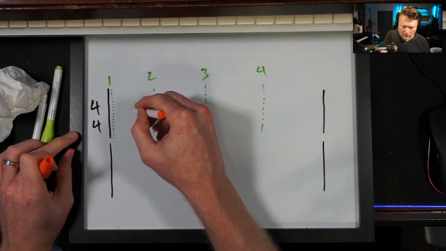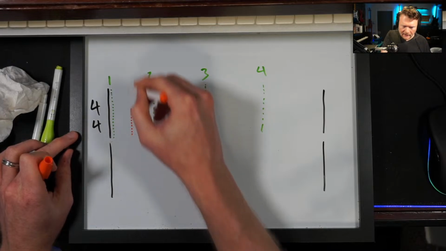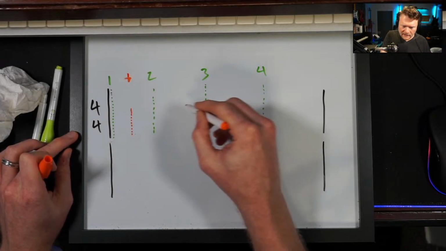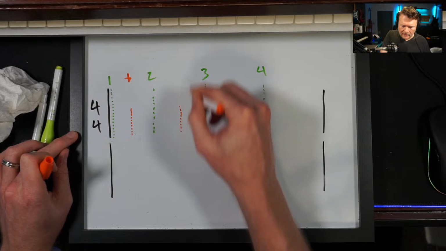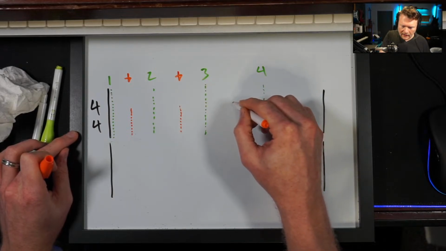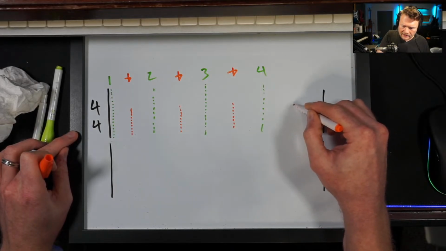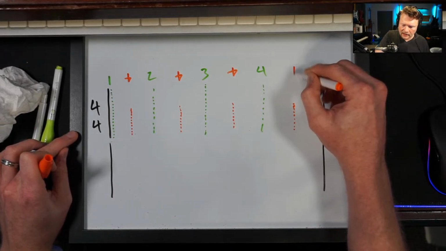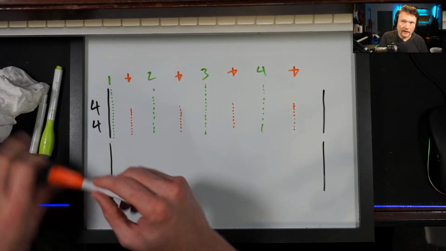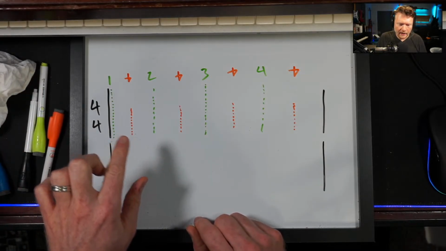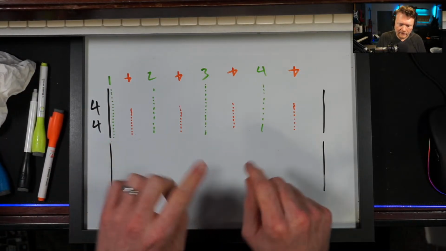So here we're going to put in our and. Each of these beats can be divided in half again, and these are our ands. These are where syncopation is coming in, offbeat, that kind of thing. So we have 1 and 2 and 3 and 4 and.